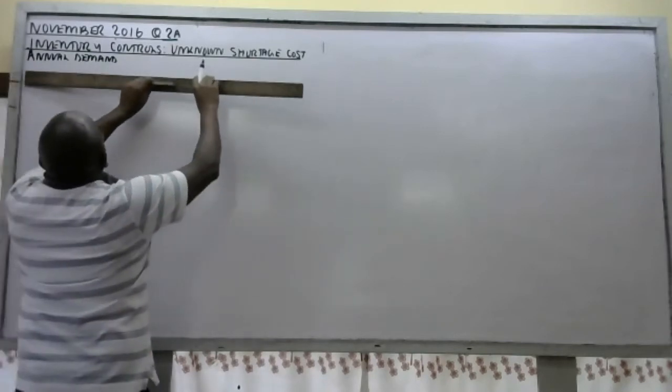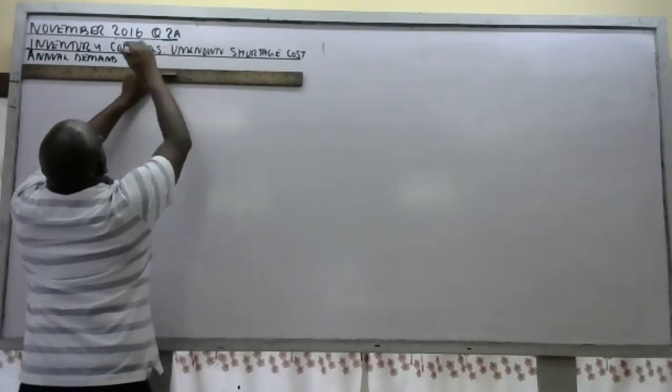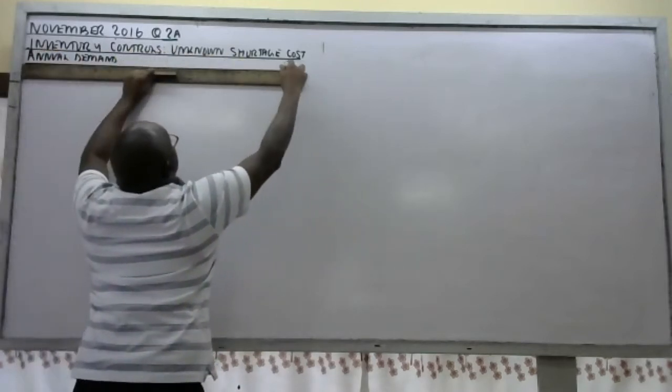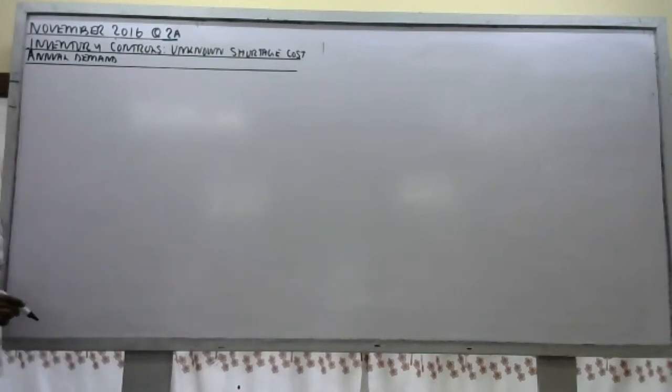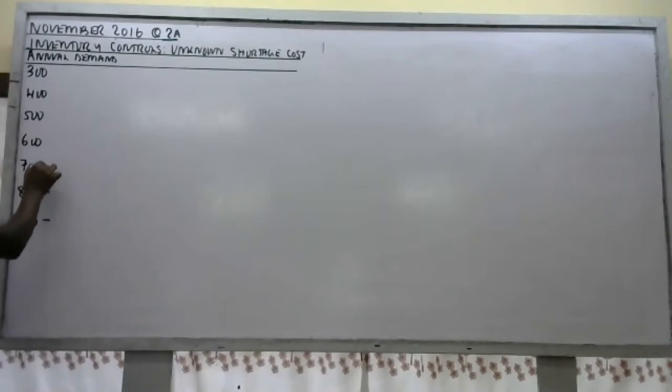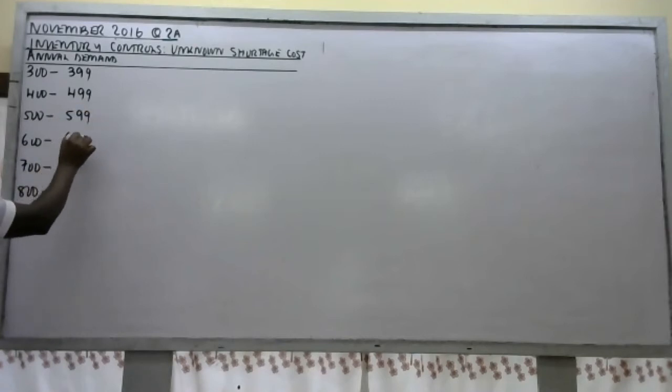And for these annual demands, we have 300 to 900: 300, 400, 500, 600. $399, $499, $599, $699.